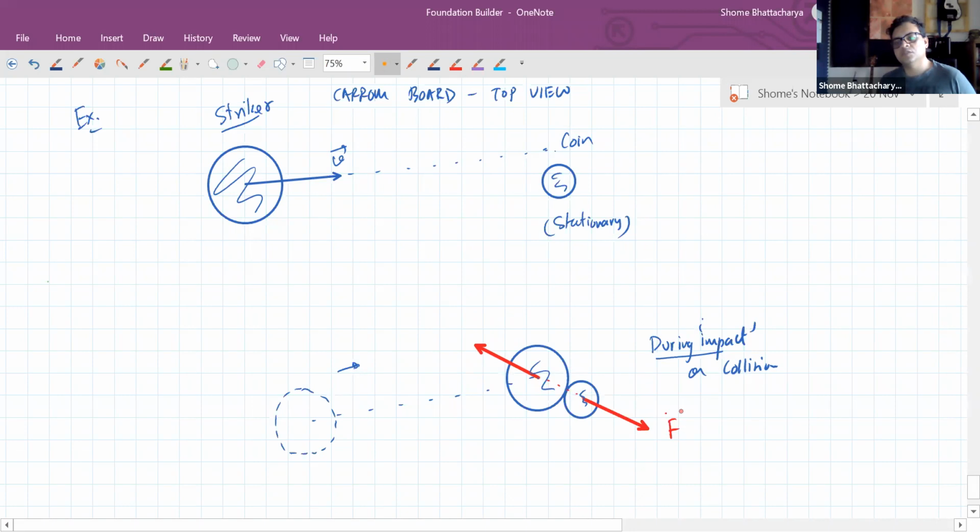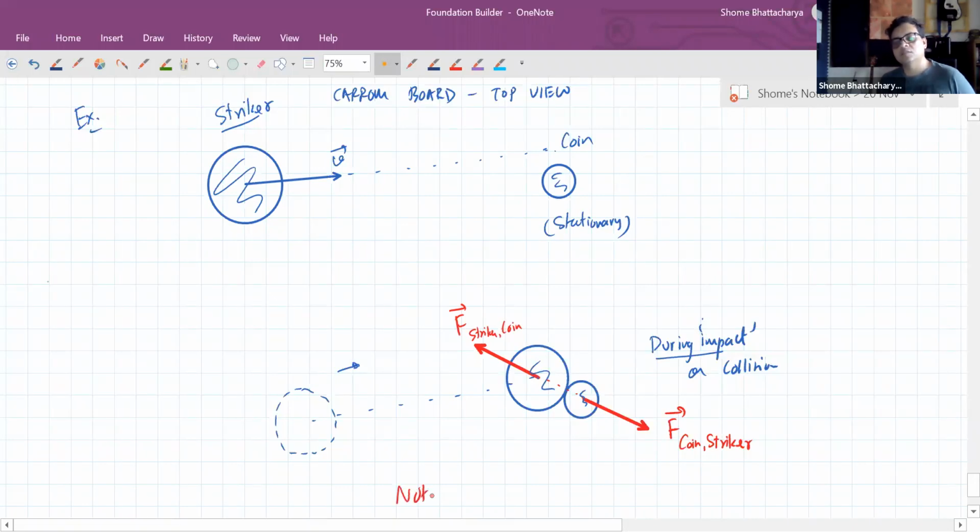So this is the force acting on the coin applied by the striker, and this is the equal and opposite reaction force applied by the coin on the striker.